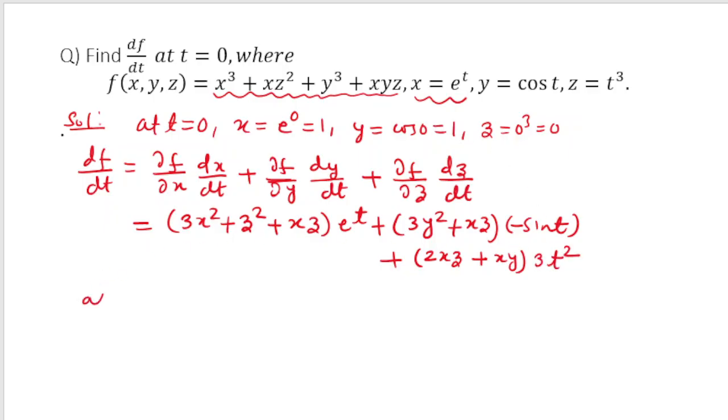So at t is equal to 0, we have to evaluate this. At t is equal to 0, df by dt, so what will I get?